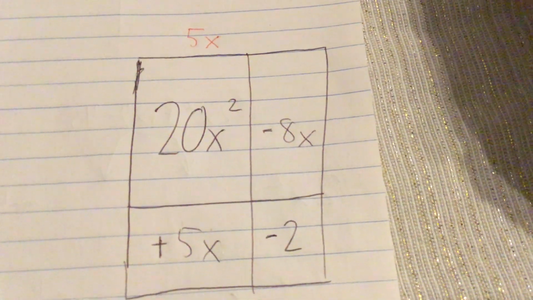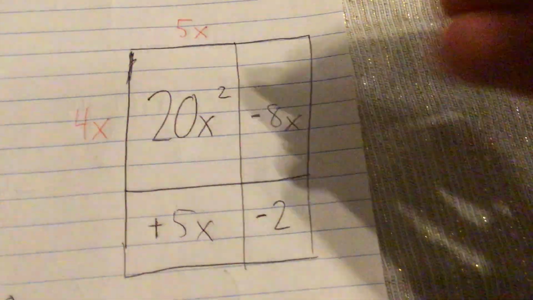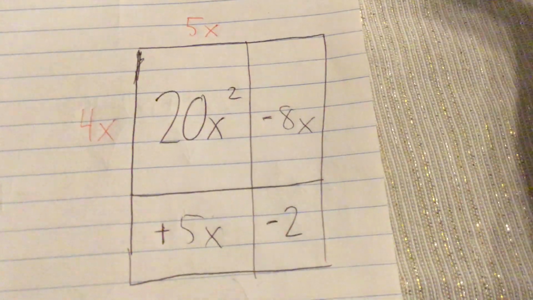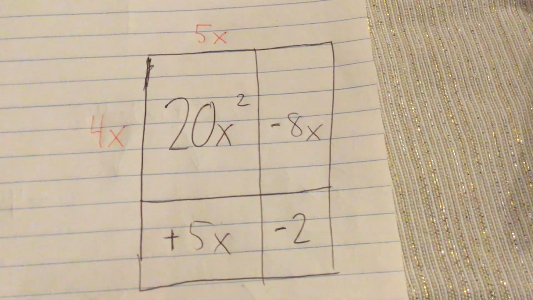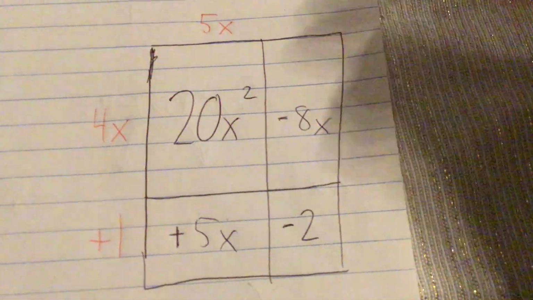Now, 5x times what is 20x squared? 4x. 5x times what is positive 5x? Positive 1. 5x times 1 is 5x.